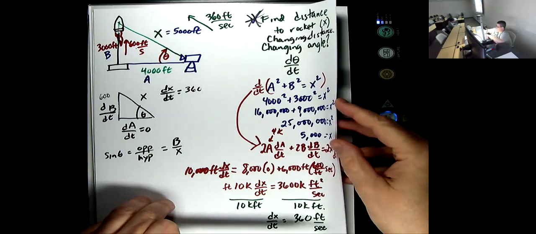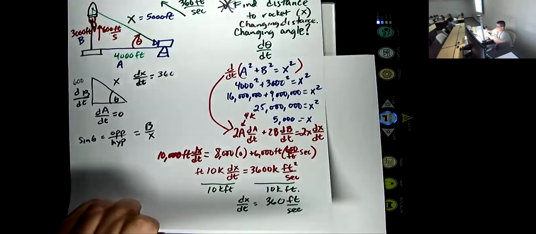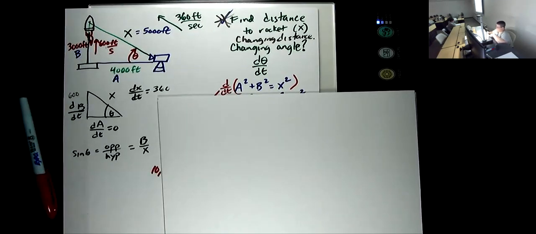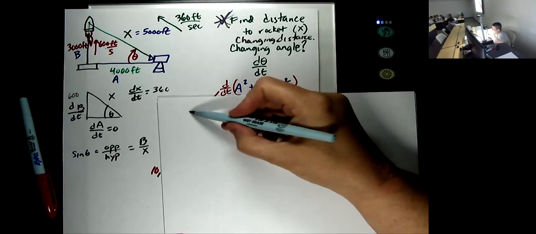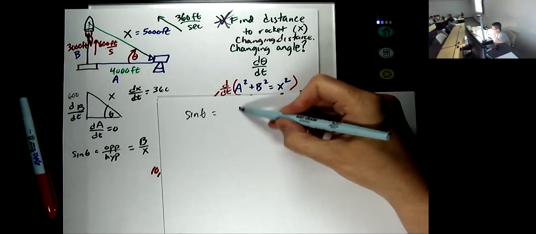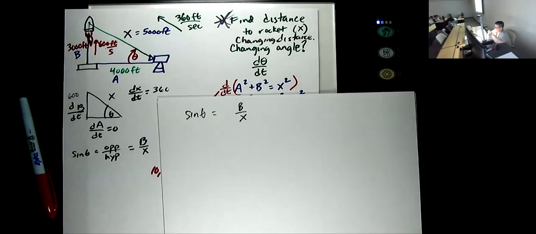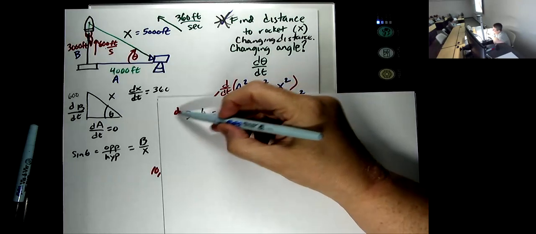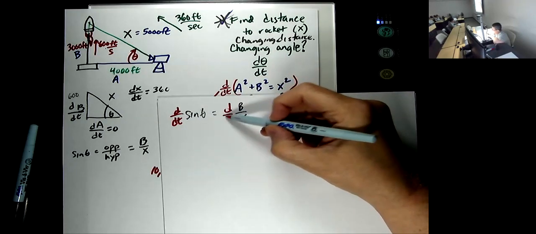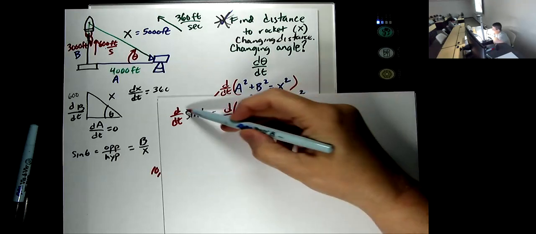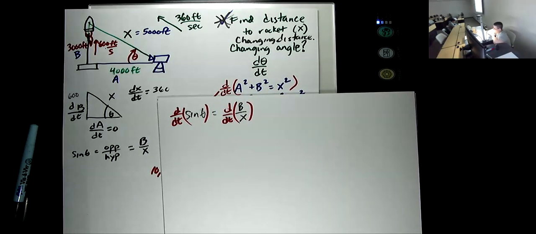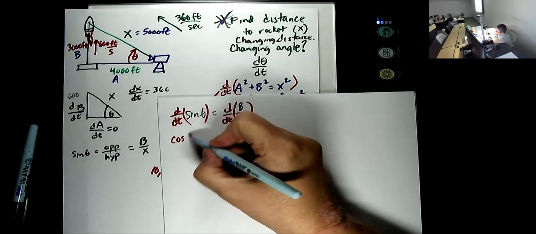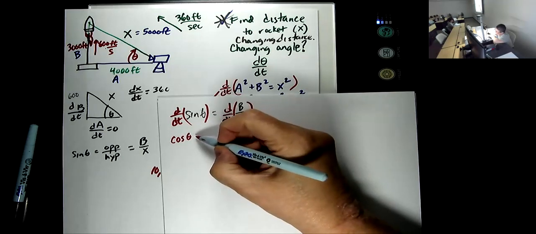I need a little more room, so I'm going to do this. So we have sine theta equals b over x. And we're going to hit this with the time derivative. Which means a quotient rule on the right, doesn't it? The derivative of sine is cosine, so I have cosine theta and then d theta dt.